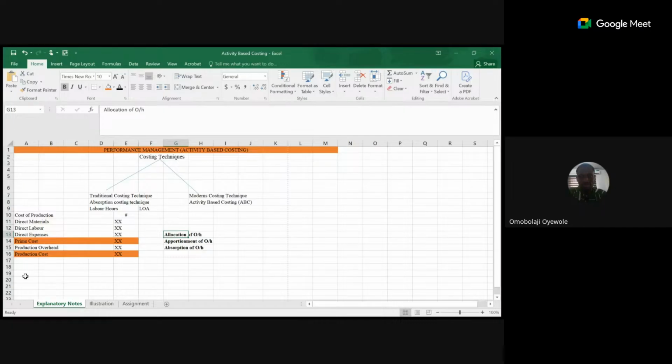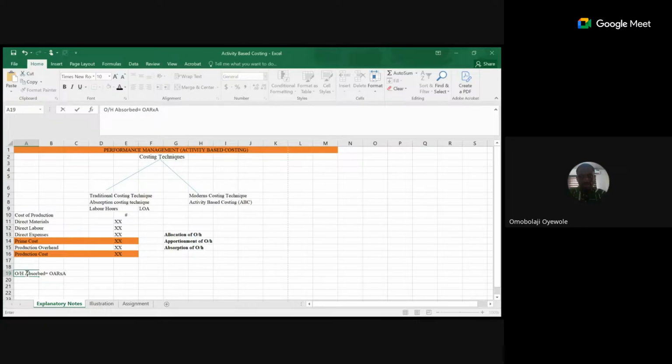Remember that under our traditional technique, overhead absorbed is calculated as your overhead absorption rate times the actual level of activity.